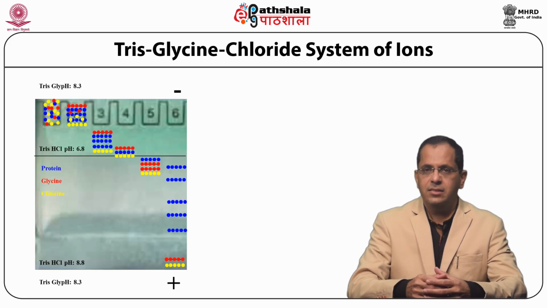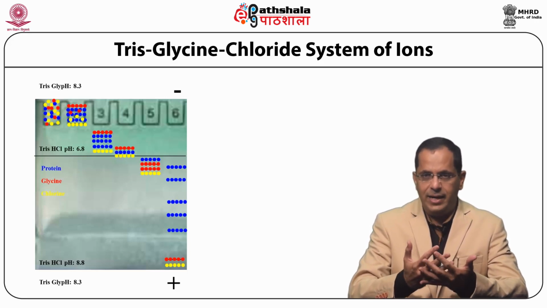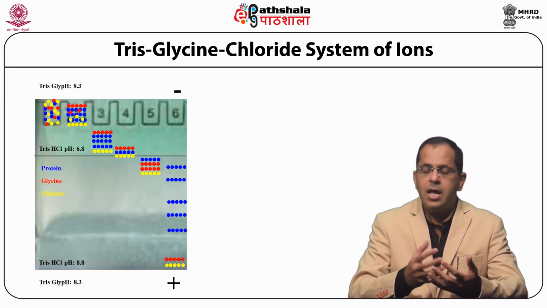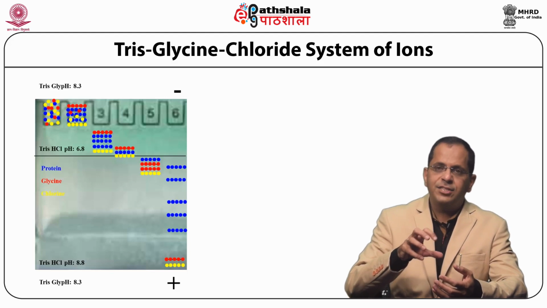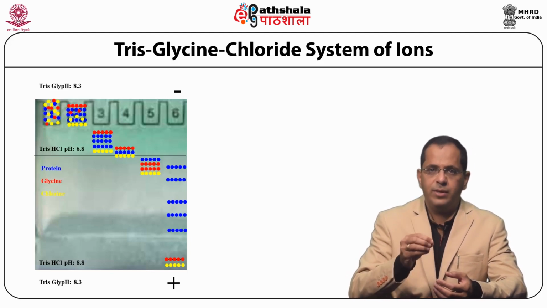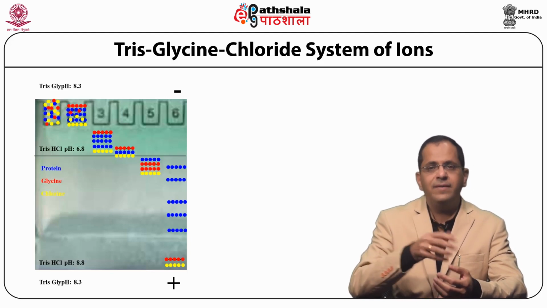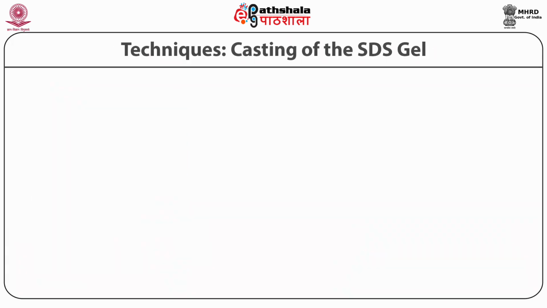In much the same way, in a matrix that is caused by the acrylamide, larger proteins tend to have a frictional drag and are retarded, whereas the smaller proteins crisscross between the sieves to reach the other end. We now discuss the steps that are involved in gel casting.